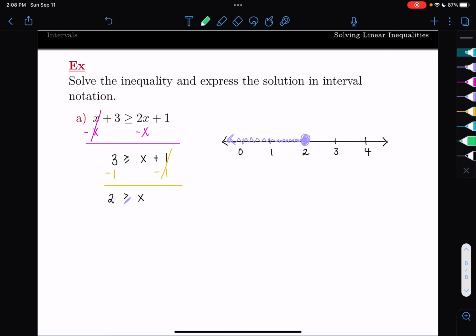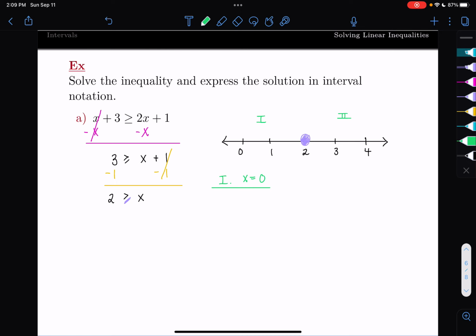If you don't personally like that, or when we're dealing with something that's more complicated, what we can do is we can call the left side interval 1, the right side interval 2. And we can go ahead and pick a value from interval 1 and see if it satisfies that original inequality. So if I want a number that's in interval 1, we could pick 0.